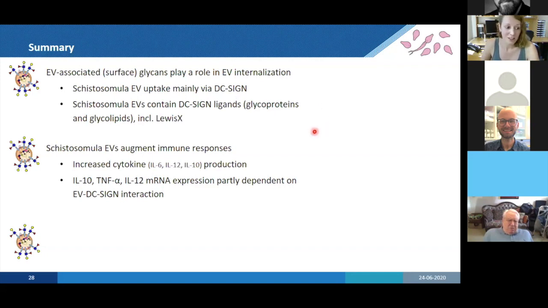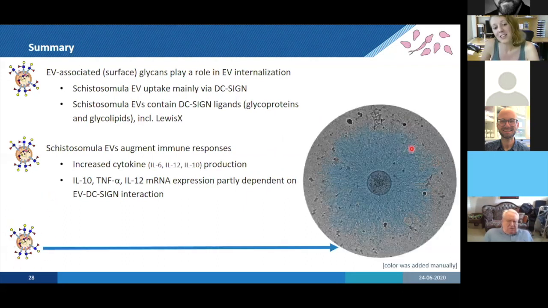And I think most importantly to know is that the EVs don't look like how I pictured them here, but they actually look like this.